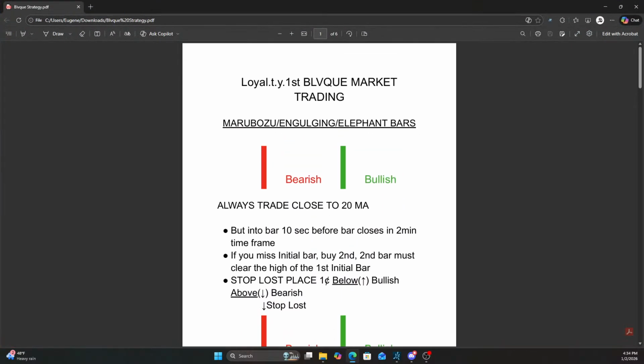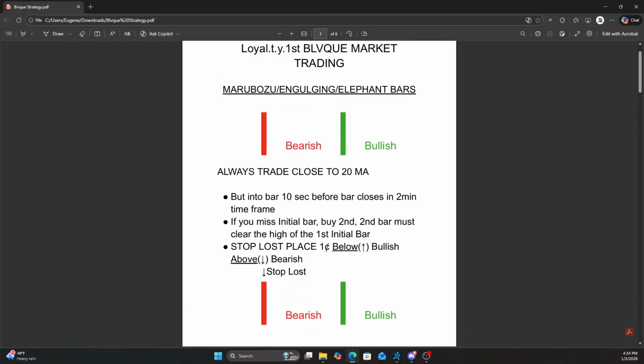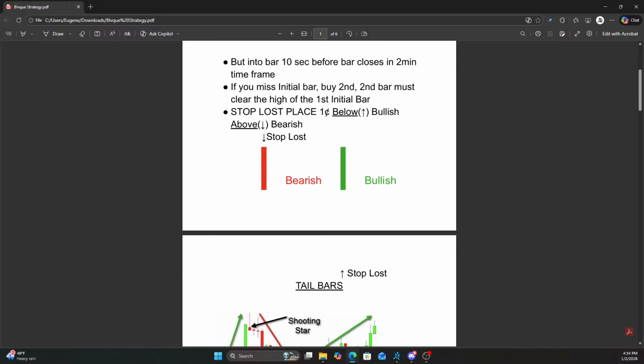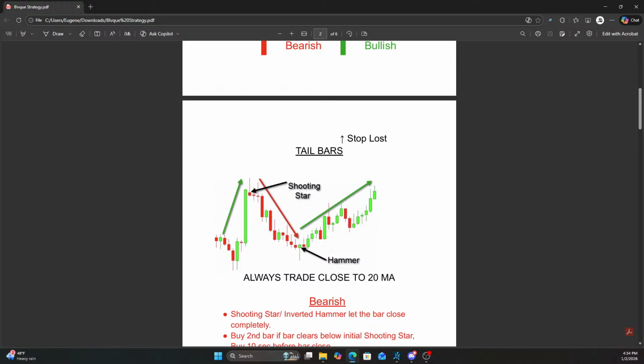So this is the strategy: the engulfing bars, the elephant bars, Marubozu. How do you say that? All right, this is the strategy, bowl. Okay, so we're looking for the elephant bars, the tail bars.